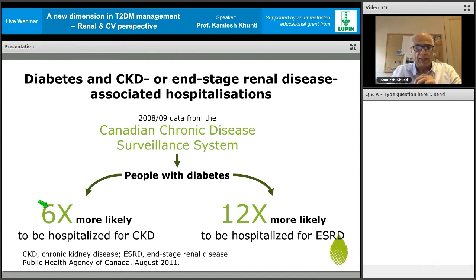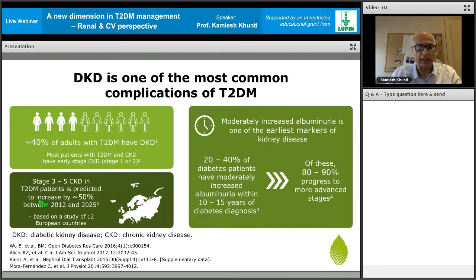In terms of hospitalization, this is a Canadian chronic disease surveillance system, and it shows that people with diabetes and CKD are 6 times more likely to be hospitalized for CKD and 12 times more likely to be hospitalized for end-stage renal disease. So there are huge cost implications once CKD and DKD develop in people with diabetes. It's really important that we try to reduce the risk of development, which will hopefully reduce the risk of all these long-term risk factors and consequences as well.